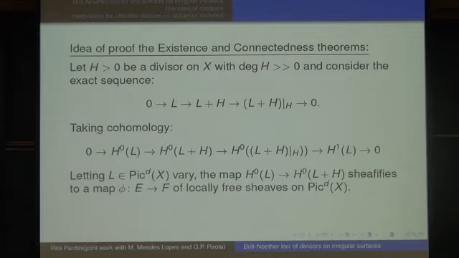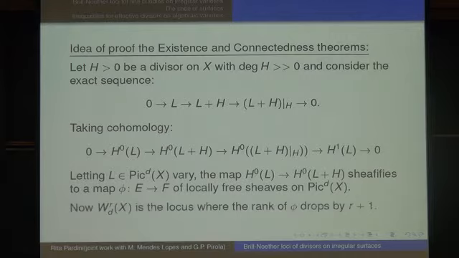And then, again, Fabrizio was going forward. If you let L vary, then this map gives you a map of locally free sheaves on the Picard scheme, and the Brill-Noether locus is precisely the degeneracy locus of this map.